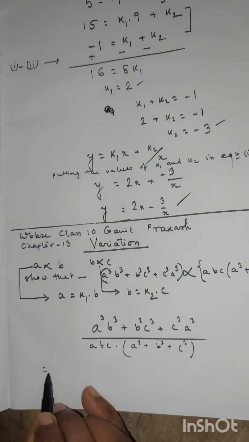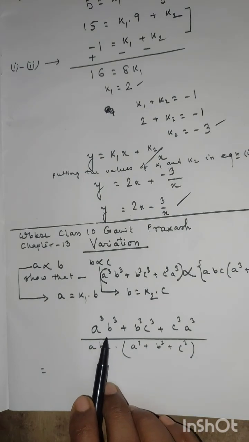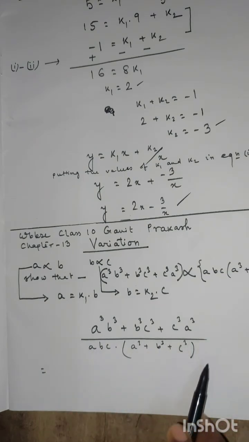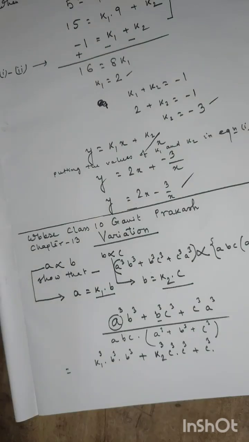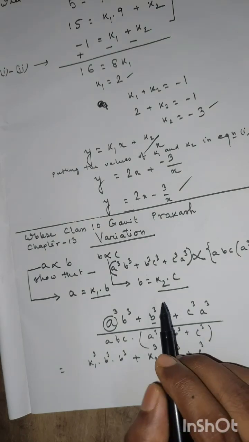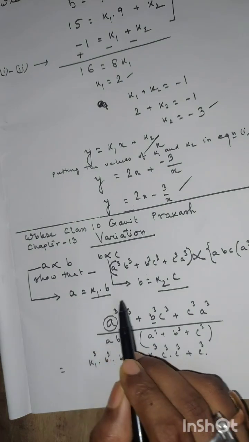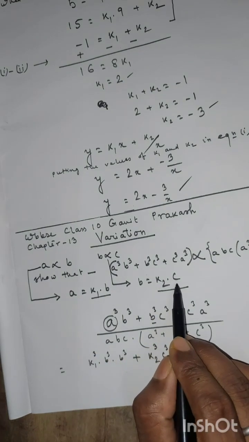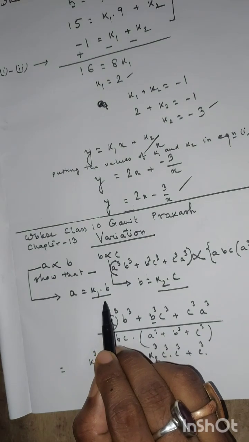We can write this is equal to, we are putting the values of A and B in this expression. Let us do one thing. Here we can see A equal to K1B, B equal to K2C. Now we can again put this value of B in this equation.